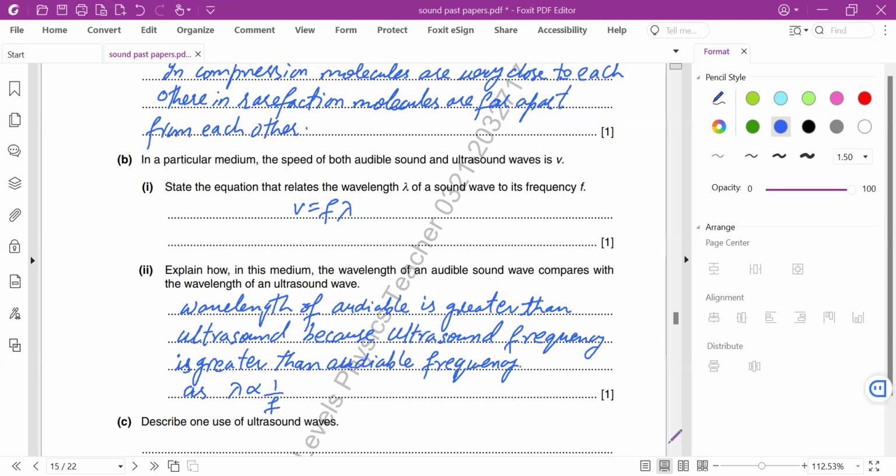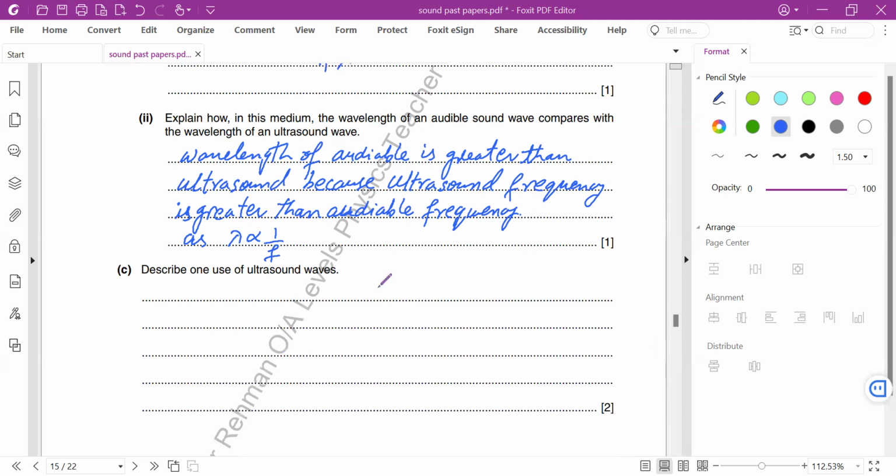Describe one use of ultrasound waves. Now, I will explain the ultrasound wave in detail. There are many uses, but here I will explain that it is used for cleaning objects, cleaning jewelry or objects. This application is also asked in a later question, so we have to write it here.